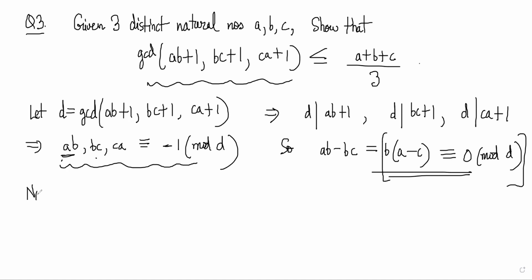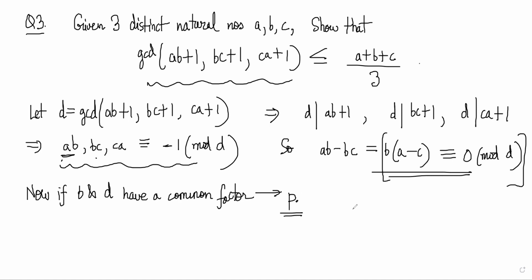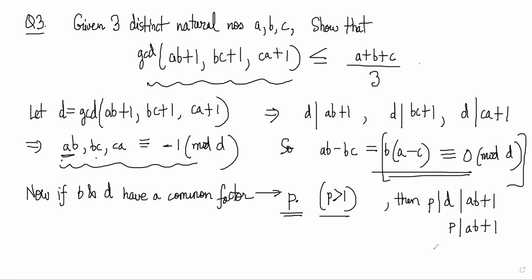Now, think of if B and D have a common factor. Let's say B and D have a common factor, and let's call that common factor P, and P is greater than 1, right? Then we know that P divides D, and D divides AB plus 1. So P divides AB plus 1, and we have also said that P is a common factor of B. So P divides B as well, right?